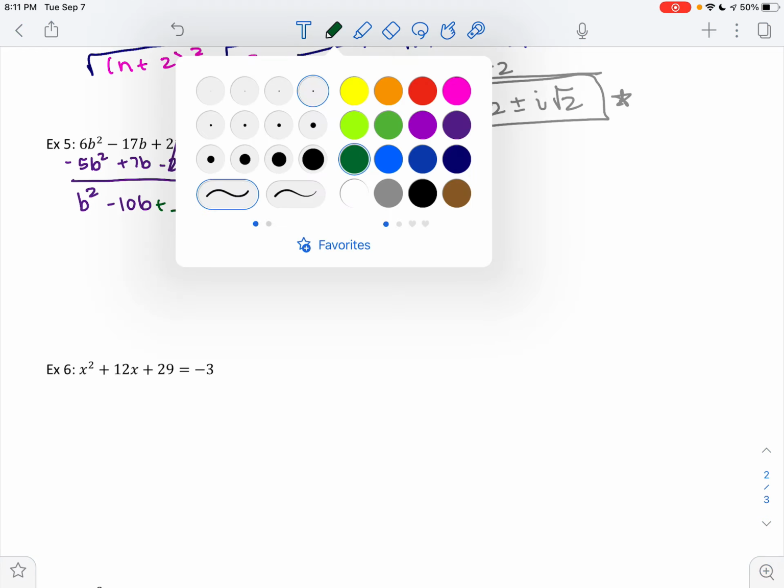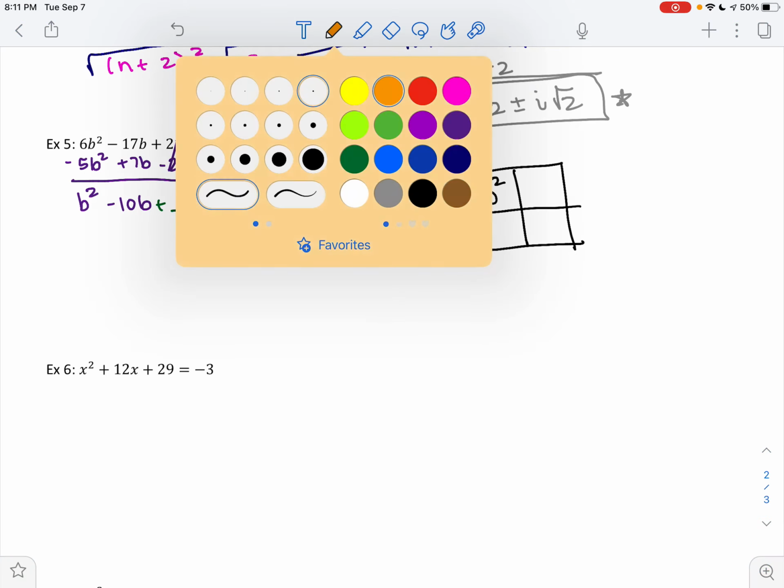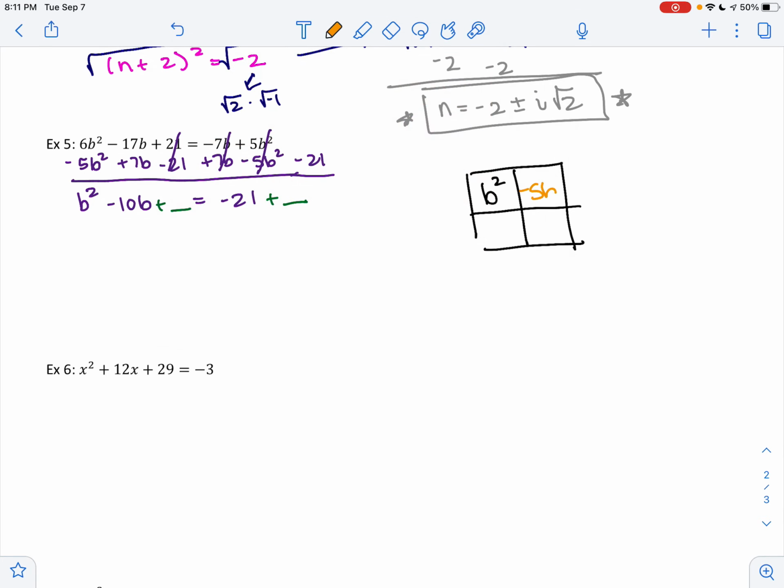From here, I am ready to solve by completing the square. So I'm going to go ahead and create that square. First term goes in the first box. I want this box to be a square and not a rectangle. So I need to cut this middle term into two different pieces. Negative 10b divided by 2 is negative 5b. The greatest common factor of my top row is b.